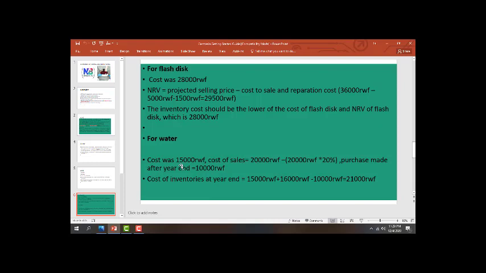And also there is a purchase transaction that occurred. This purchase transaction should be subtracted in order to get the cost of inventory we had at the end of year. Here we take the cost, which was 15,100 francs plus 16,100 francs minus 10,100 francs, which is equal to 21,100 francs.